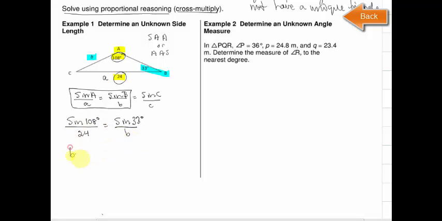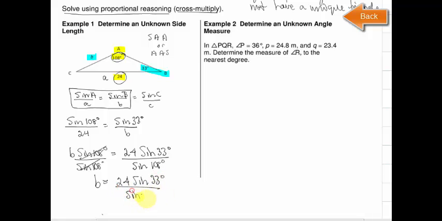So B times sine of 108 is equal to 24 times sine of 33 degrees, and then because I want to isolate for side B, I'm going to divide both sides by sine of 108 so I can reduce on this side. And so I'm going to get B equals 24 sine of 33 degrees over sine of 108.